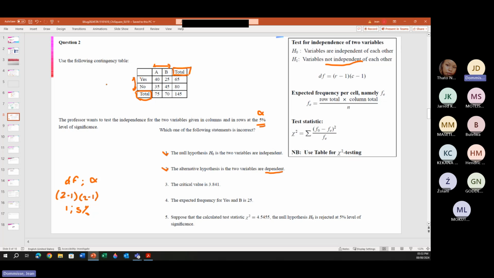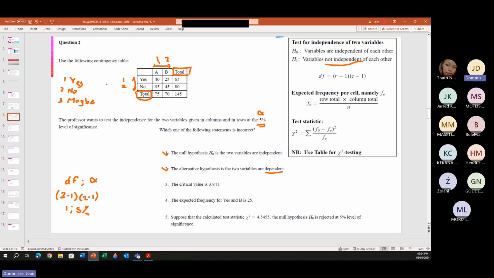Okay, we're looking at the options. So the options are yes or no, and the answers were A or B. So the total does not count as an extra row or extra column. Only if the answers were yes, no, and a third option of maybe, then it would have been 1, 2, and 3.